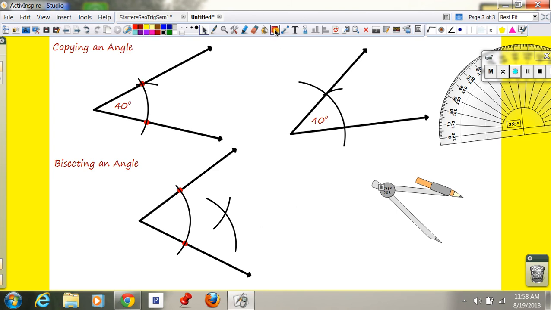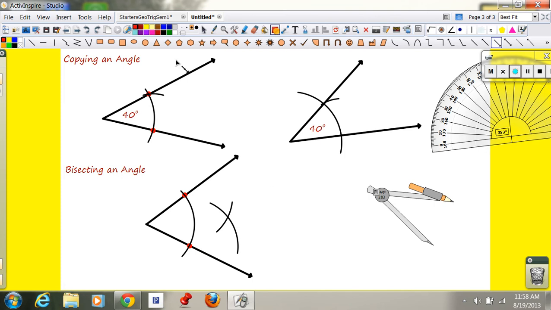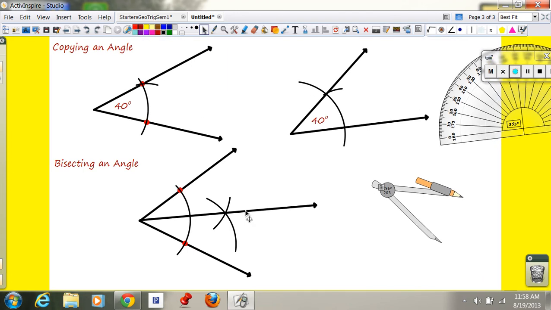And then you're going to take your third ray and connect your vertex with your X. Connect your vertex and your X, and you should now have made two angles that are identical.